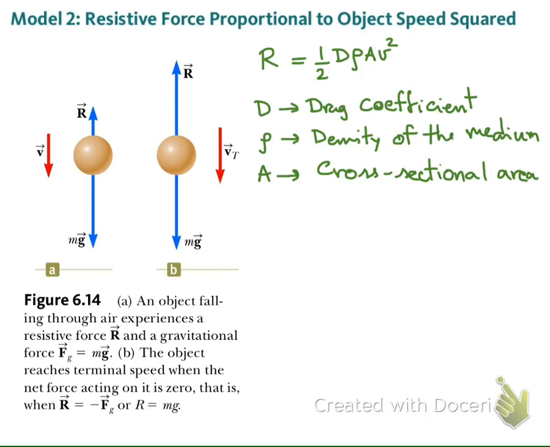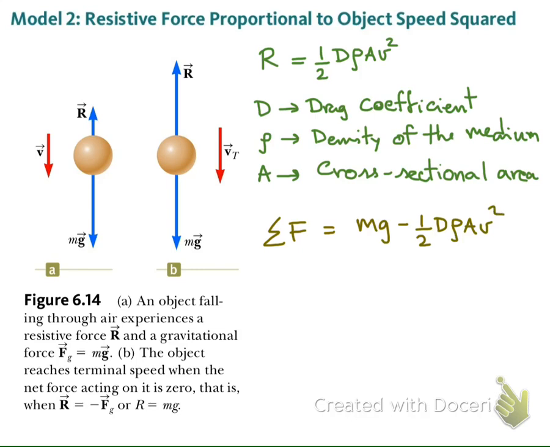Again, we can write down the net force F as the summation of the weight and the resistive force. So we have that the net force is equal to mg minus half of D rho A v squared.